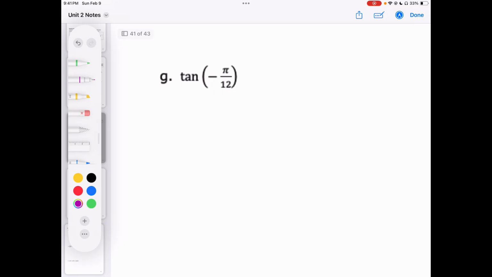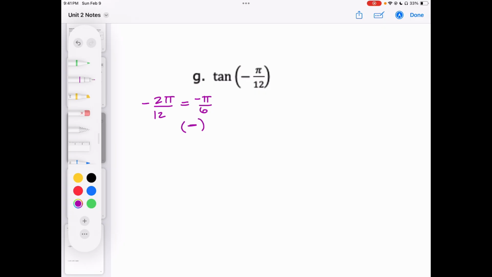All right, now we have tangent of negative pi over 12. I'm thinking if we double it, that's going to be negative 2 pi over 12, which will be negative pi over 6. Tangent in that quadrant is going to be negative. So I'll go ahead and make sure to use my negative equation for that. So I'll have negative 1 minus the cosine of negative pi over 6 divided by 1 plus cosine of negative pi over 6.